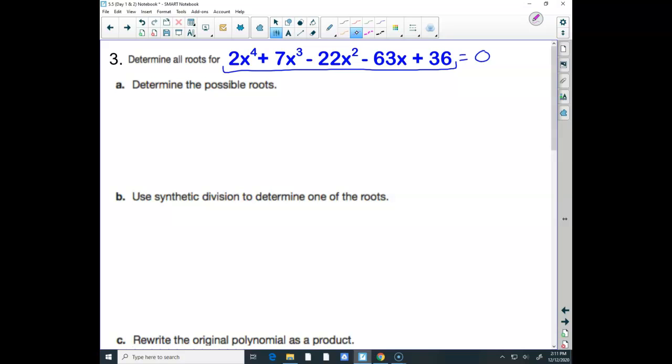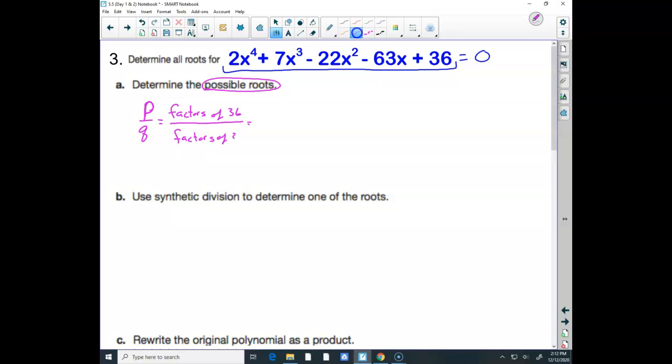I don't know. So in order to determine the possible roots, we need our P's and our Q's. Watch your P's and Q's, okay? So what we need to do is we need factors of 36, and we need to divide that by factors of 2.